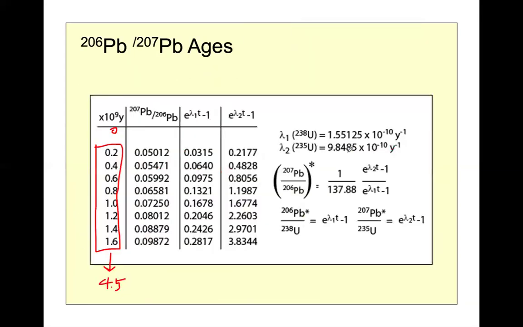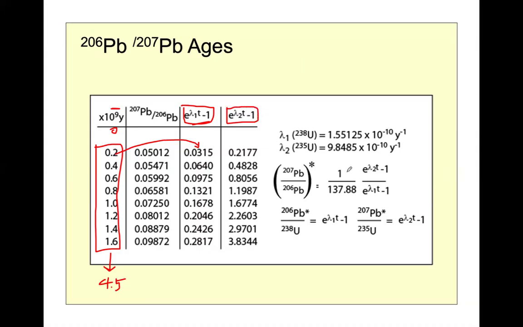For this one and this one, you have two terms. The first one you have here. You put a different t, for example 0.2. This is 0.2 billion years, and here 10 to the power 9 means gigaannum. So you put 0.2 billion years there, then you will get some value for this entire term, and you can substitute t here also.